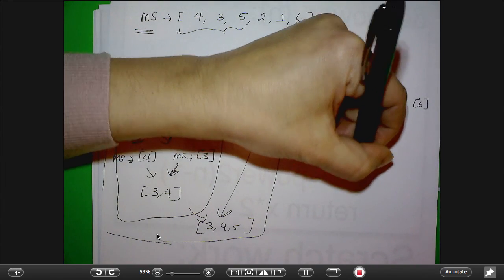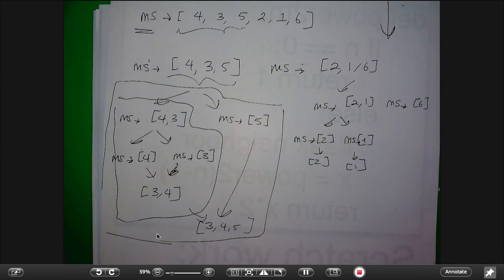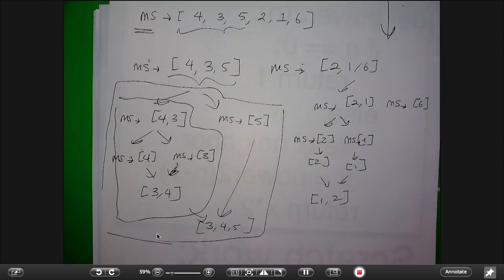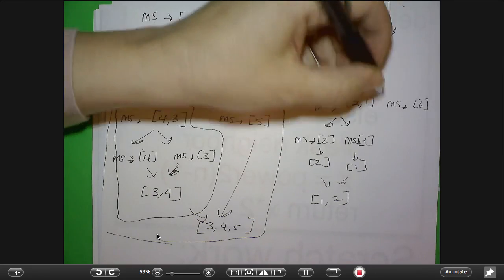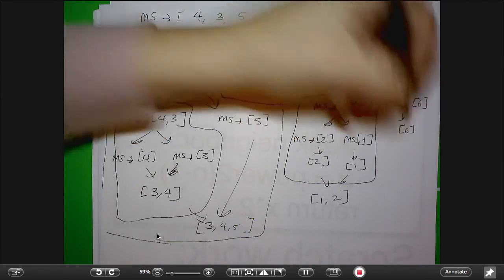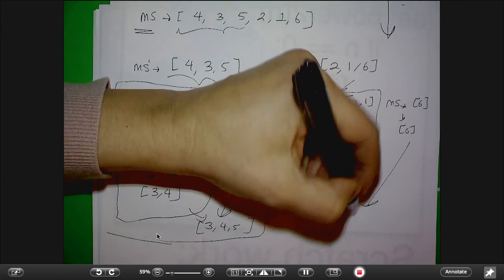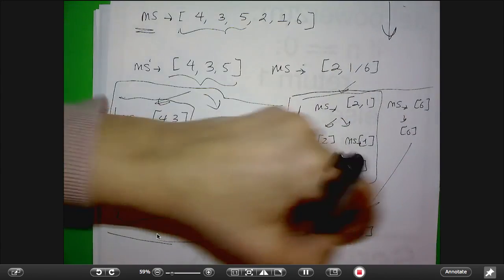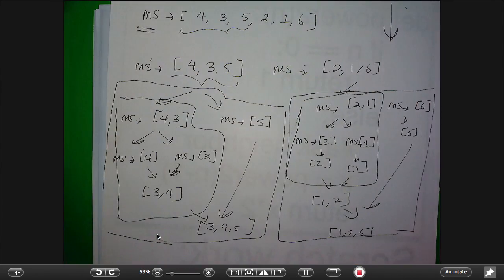This will return 1. Now I'm going to merge them to 1, 2. So this part is going to return 1, 2. This will return 6. So I'm going to merge 6 with 1, 2, to get 1, 2, and 6. So this part is going to return 1, 2, and 6.